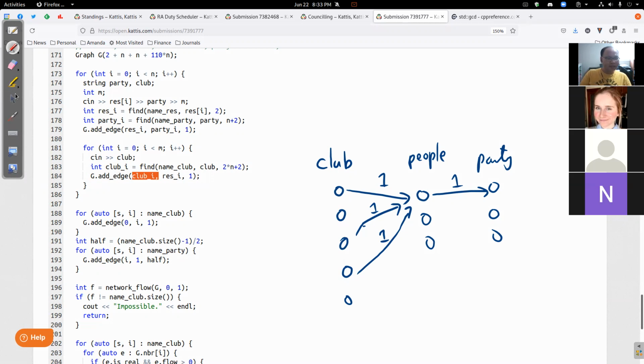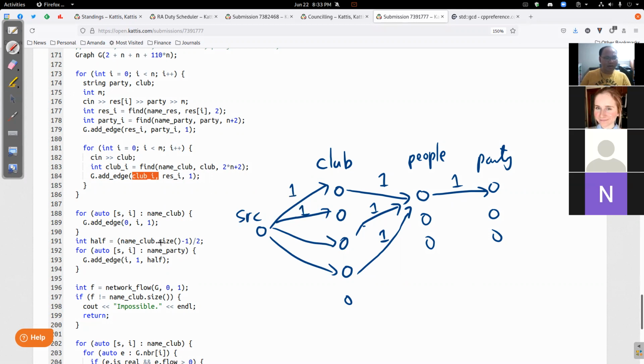And then what do I do here? For each club, so this is a map, so all the names of clubs that I collected. For each club, so this is name and this is index. I set from source to the club 1. So this is my source to each club. I give them 1 token to choose a representative.